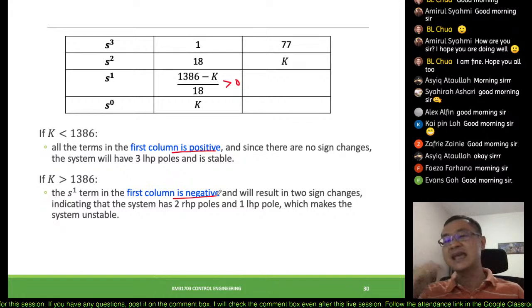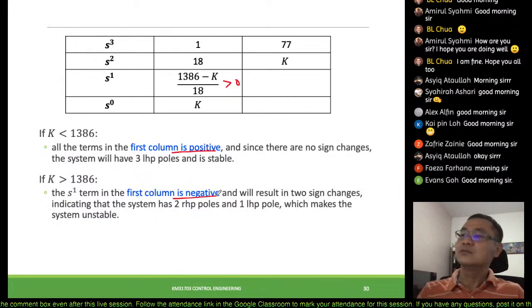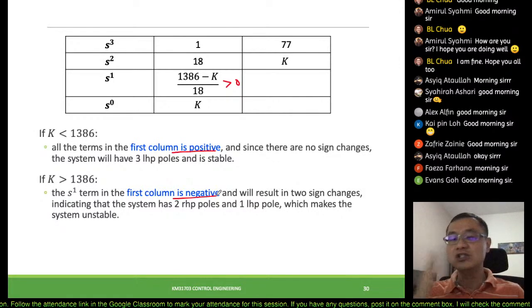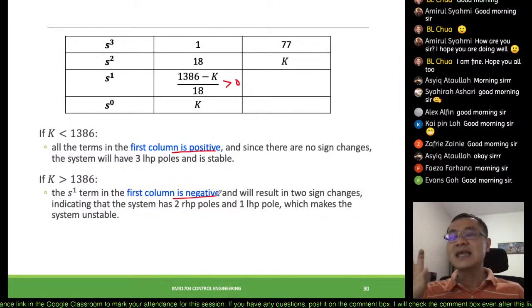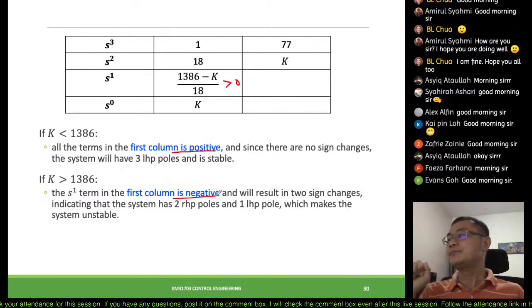So even though the gain starts to increase further, the system will now turn into an unstable state, right? So this is useful when we try to identify the range where the gain will produce a stable system, right?